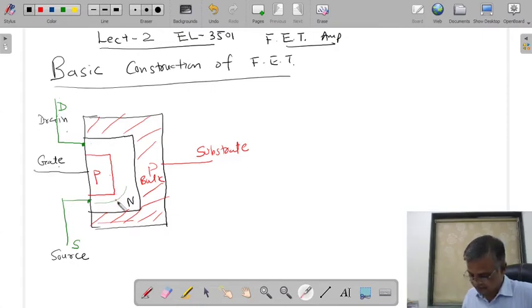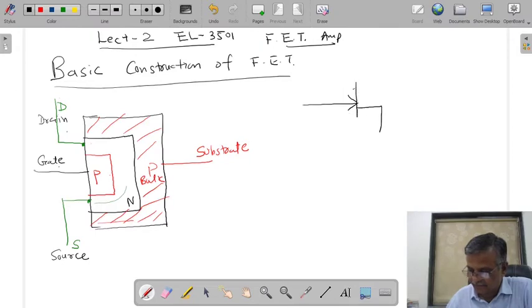Now the third terminal is called gate. This is your gate, which controls the flow of the charge carriers. So it has three terminals: gate, drain and source. And this is a symbol we have seen in the last lecture. This is the symbol of an N-channel FET.